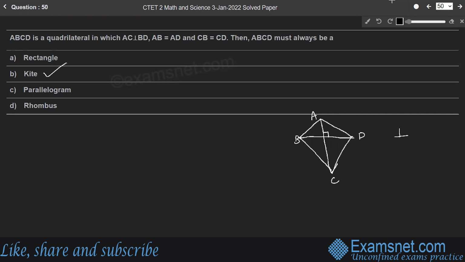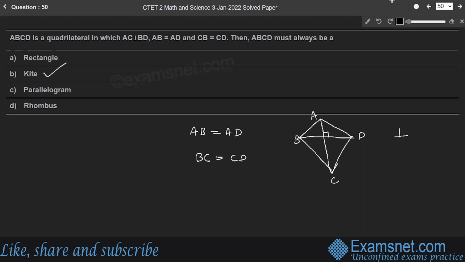So kite is a quadrilateral in which four sides can be grouped into two pairs. So here two pairs of sides, that is AB and AD and BC and CD, right? Grouped into two pairs of equal length. AB is equal to AD, BC equal to CD, that are adjacent to each other.